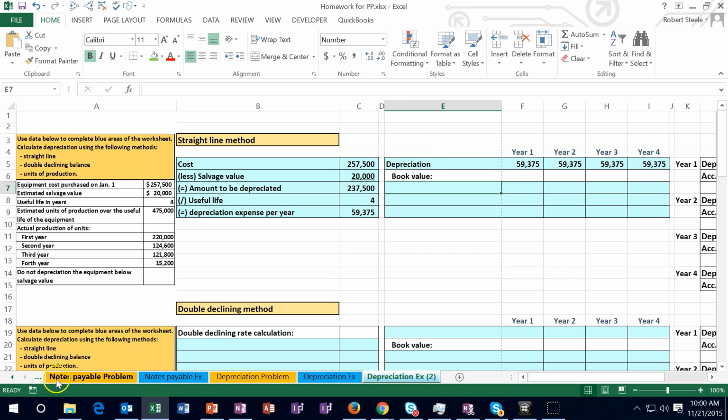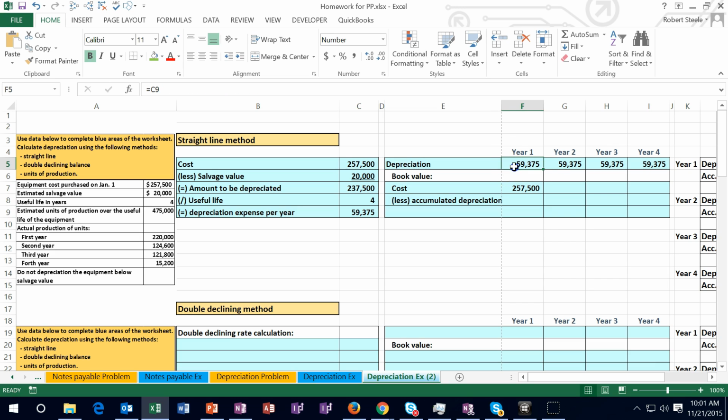Now we're going to calculate the book value. The book value is going to start off with the cost. So I'm going to say the cost equals what we bought it for, the 257.5 before the salvage, not the amount we're going to depreciate, the full cost, less accumulated depreciation. Now you might be thinking, what is accumulated depreciation? I only see depreciation, that's all we have so far. The accumulated depreciation will be the depreciation that has accumulated over the useful life.